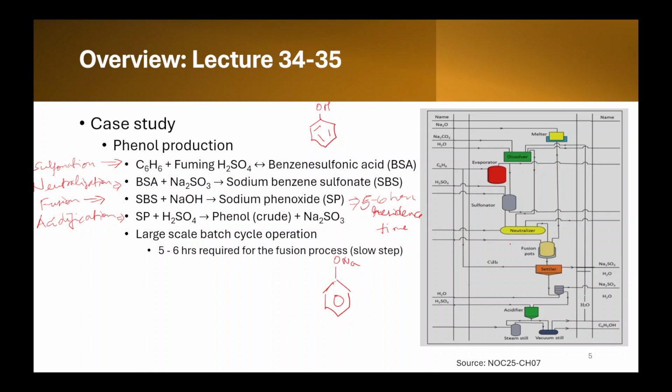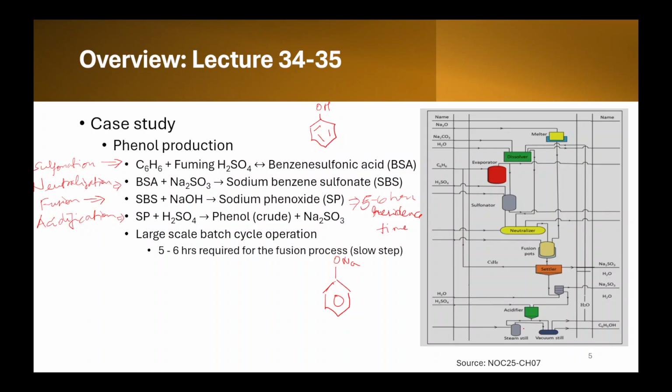The fusion material, NaOH, is already present here, and it forms the sodium phenoxide. From there it goes to the settler, then filtration, and then to the acidifier. The acidification takes place, and then you go to the vacuum still, or vacuum distillation column, where the upper part is crude phenol and you get the finer, pure form of phenol.